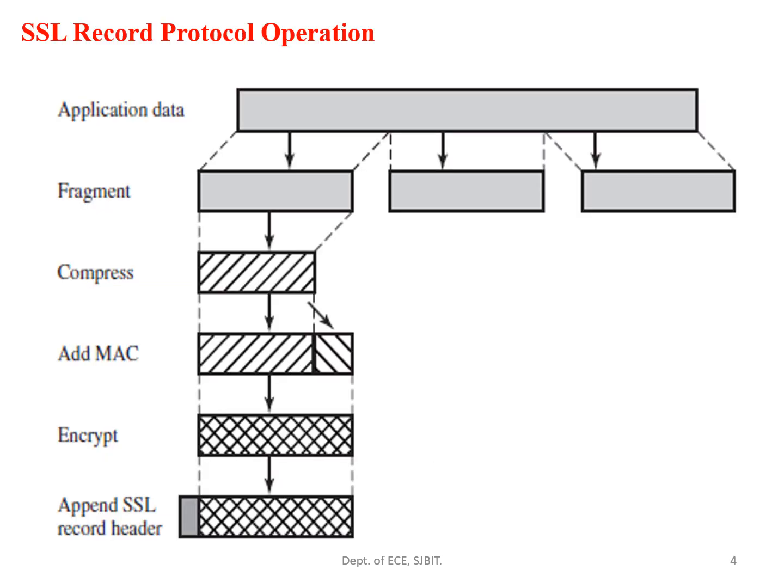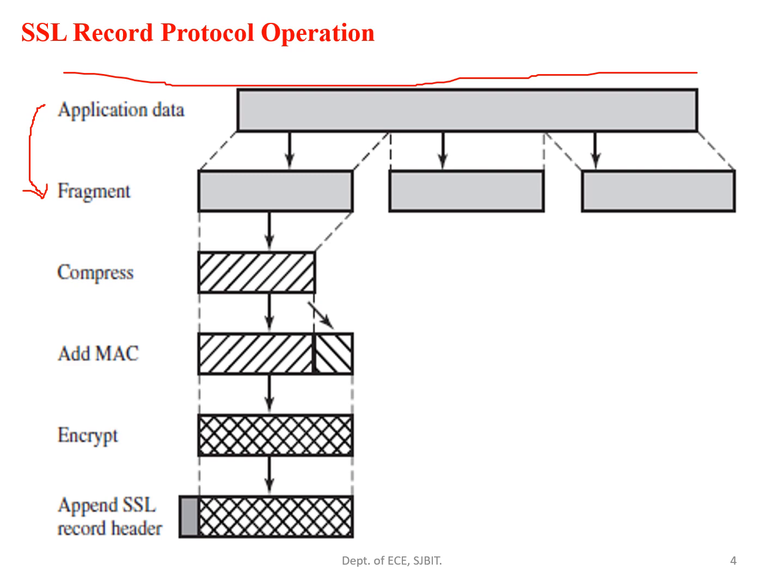The secure socket layer record protocol operation. First, consider the application data that we are going to convert into fragments. Fragmentation is nothing but taking the large data and making it into equal pieces.